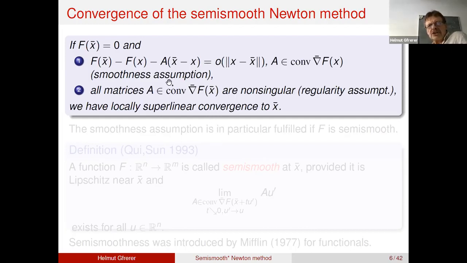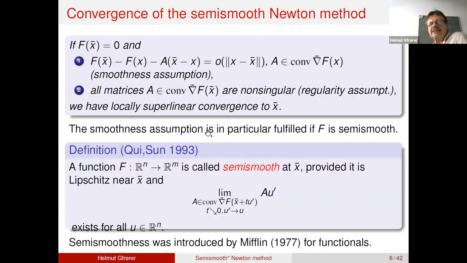The smoothness assumption here is in particular satisfied if the mapping F is semi-smooth. You see here the definition of Qi and Sun of semi-smooth functions. It says that for all directions u here, this limit exists.